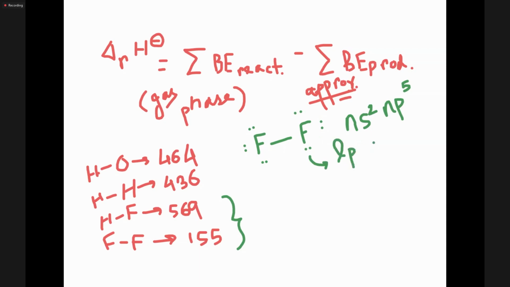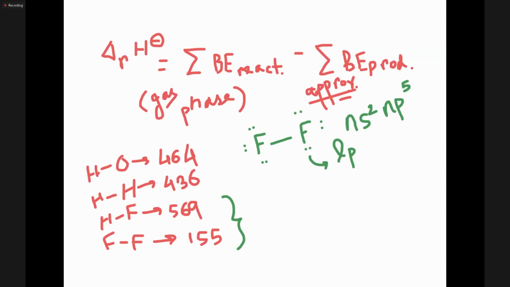When lone pairs of electrons are there, there is very high electronic repulsion between the lone pairs because the inter-electronic repulsion operates. And here you can see that there are 3 into 3, that is 6 lone pairs, in very close proximity because the fluorine atom is very small in nature.